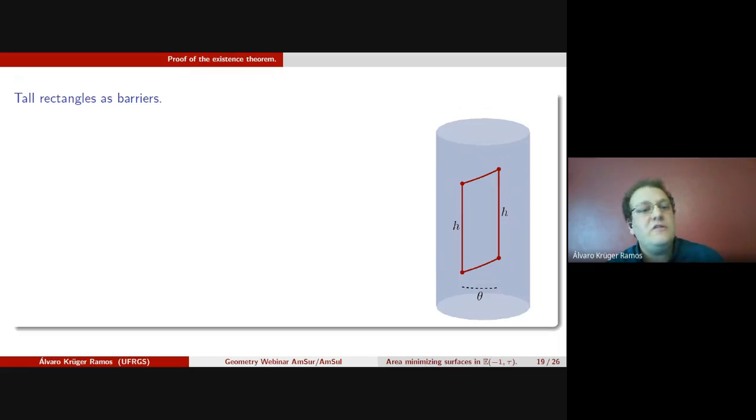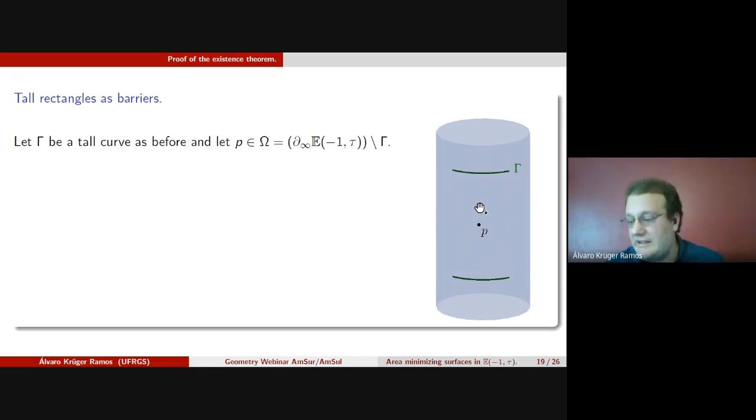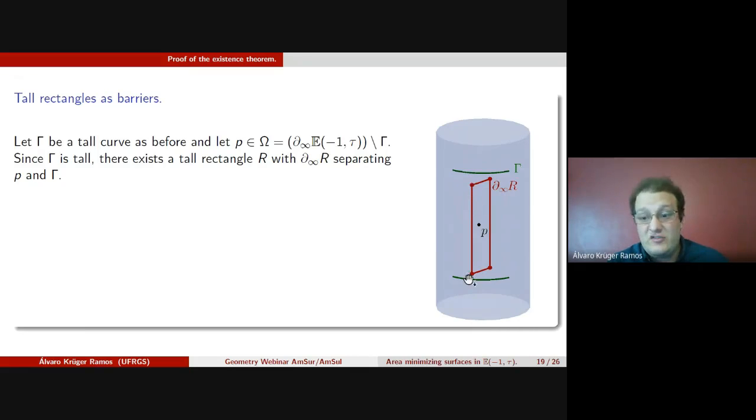Okay, so let's use these tall rectangles as barriers. Take gamma curve as before, so any 2 points in the same vertical line on the asymptotic boundary of the ambient space are far apart, and you take any point which is not in gamma, and you take this tall rectangle.